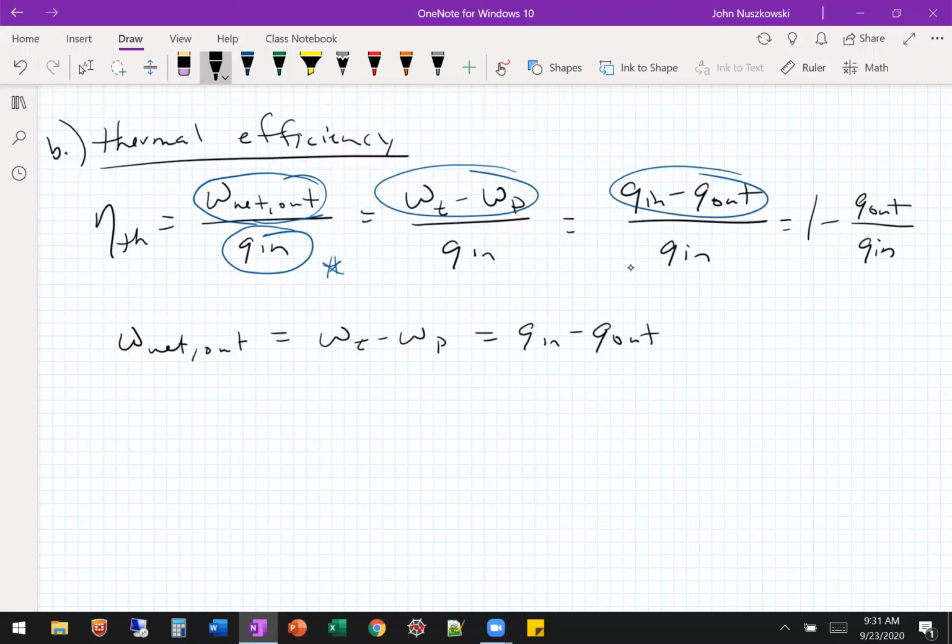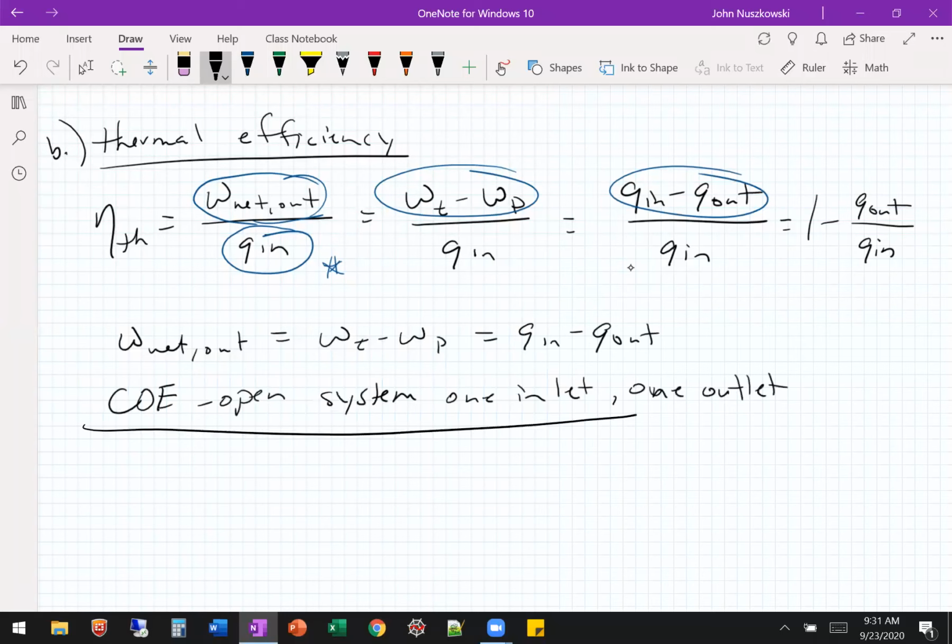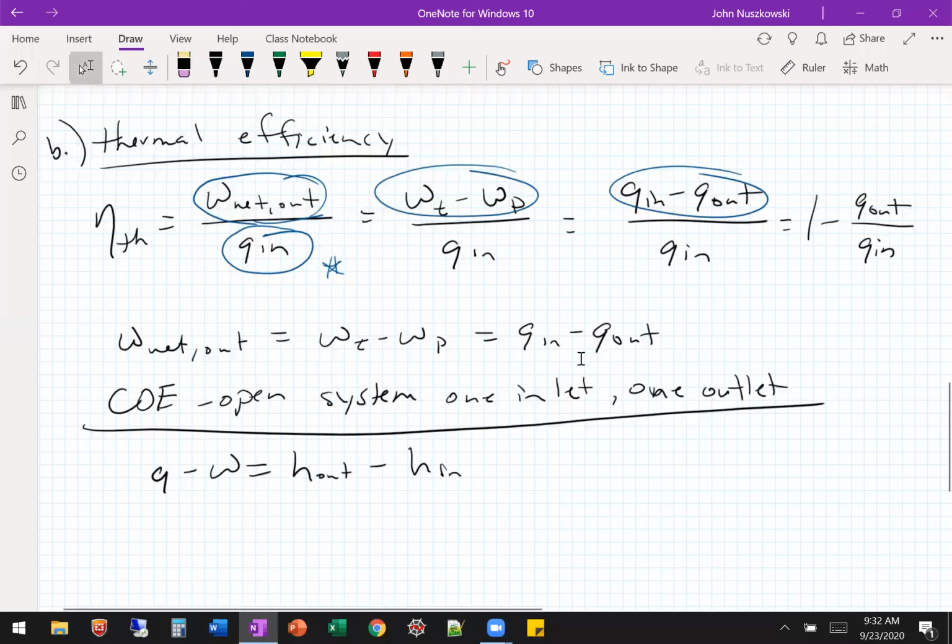So if we set up our COE, open system, one inlet, one outlet, we can do this for the heat in that we need. And that's 2 to 3.